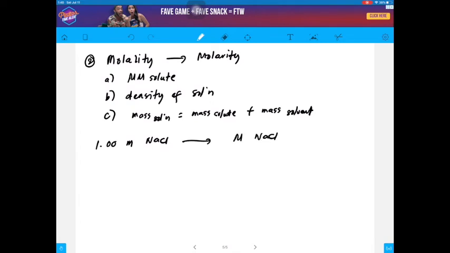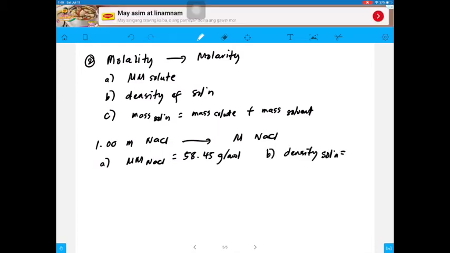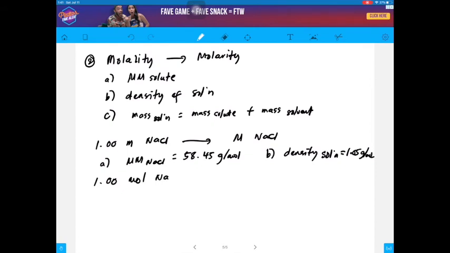How do you do that? First, we must apply all these things. The molar mass of sodium chloride is 58.45 grams per mole. Density is 1.05 grams per ml. Take note that molality is just moles of sodium chloride over 1 kilogram of solvent.